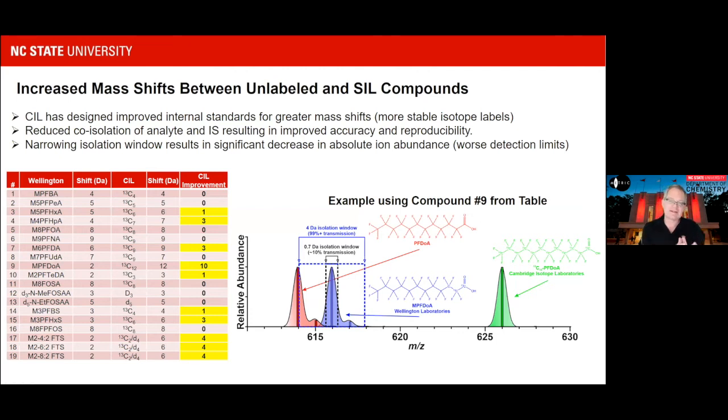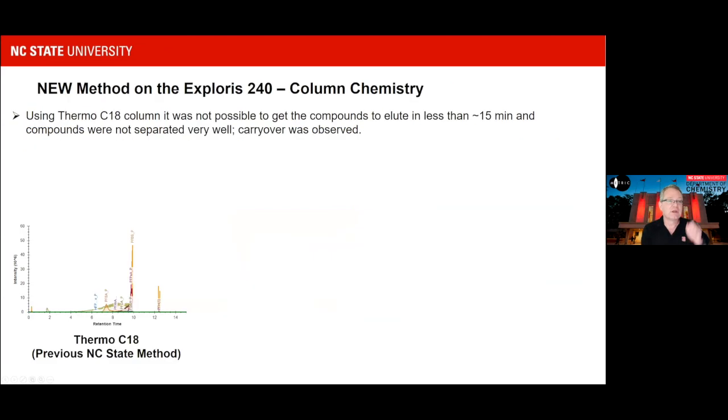When you're isolating and fragmenting things in the mass spectrometer, when we were using the Wellington standard, we had to really button down our quadrupole isolation window, which really killed our transmission. So it hurt our detection limits. Having these larger mass shifts allows us to open up the quad to get much better signal and therefore detection limits.